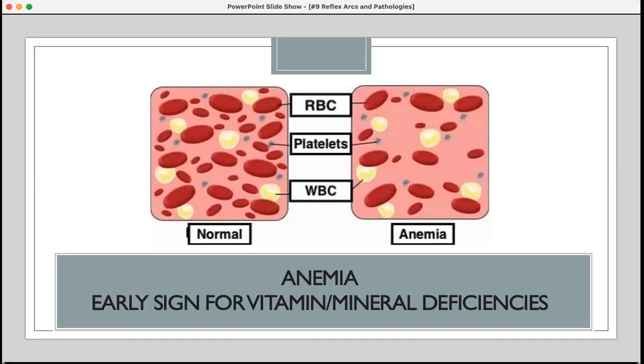So this gets into anemias, because a lot of these vitamin and mineral deficiencies will cause anemias. So normal, here on the left, is normal blood containing red blood cells, white blood cells, and platelets, and anemia has fewer red blood cells.